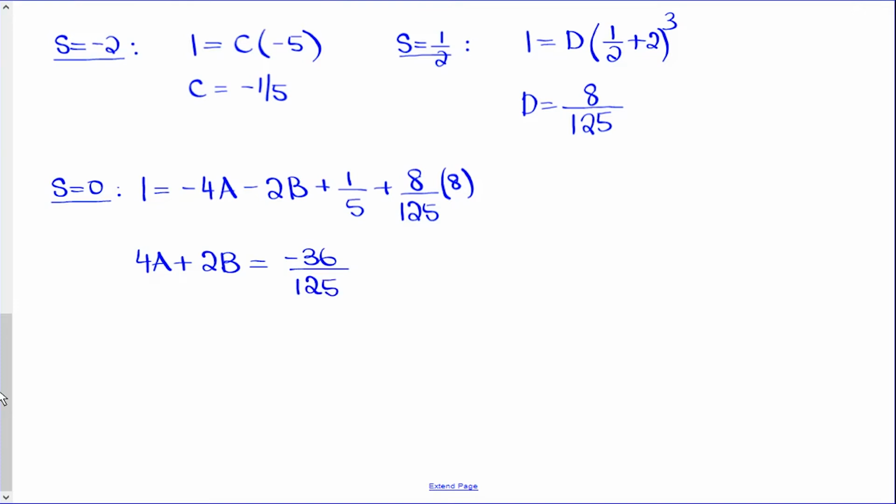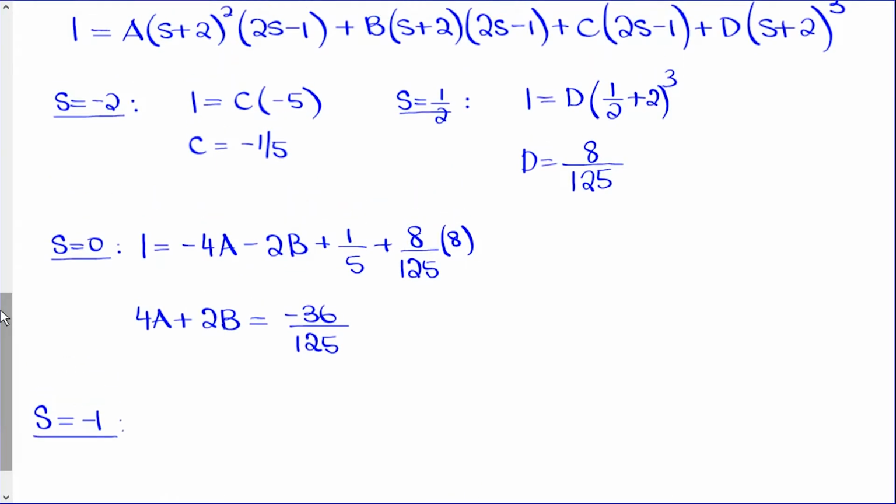Now I'm going to plug in s equals -1. If I do that, I'm going to have 1 equals, if I plug in -1, the first part just becomes 1. And so I will get -3A. The next one is going to become -3B.